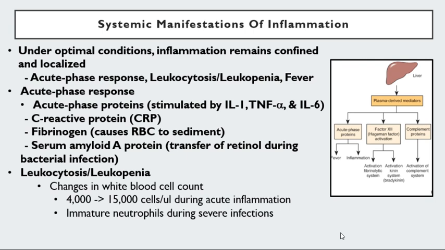Leukopenia is a term from a lecture that we didn't get to go over, but just know that leukocytosis is increasing the amount of white blood cells your body is making so you can have a better immune response, which makes sense, right? If you have an infection, you want more white blood cells to help fight that infection.